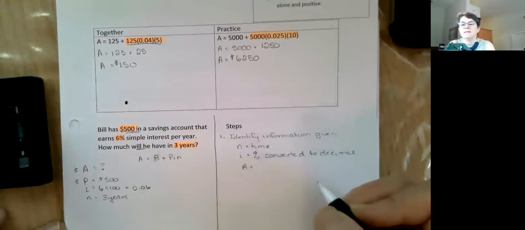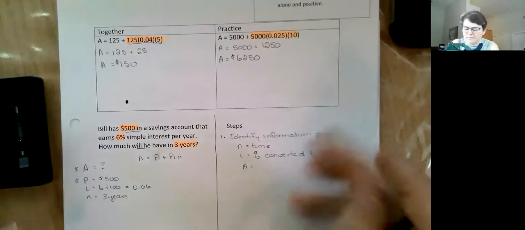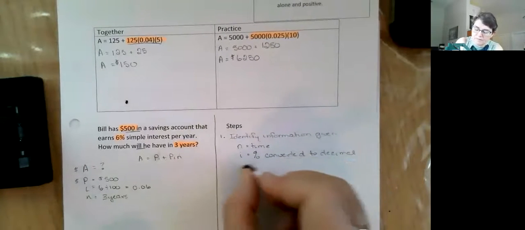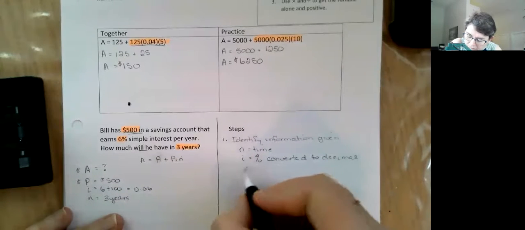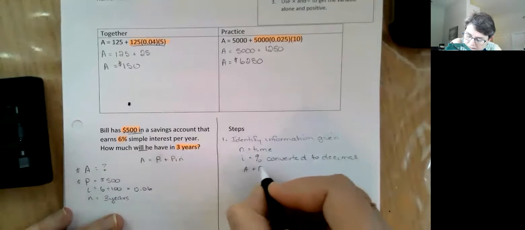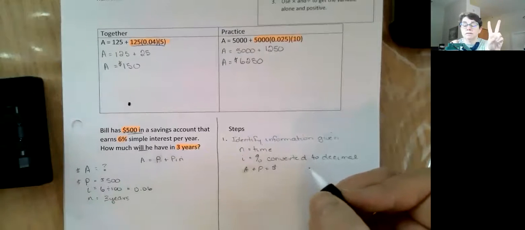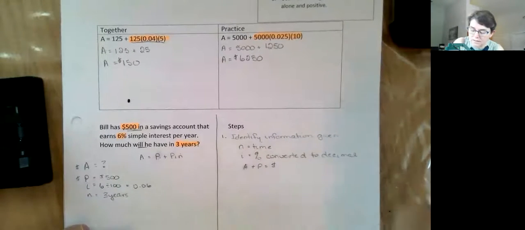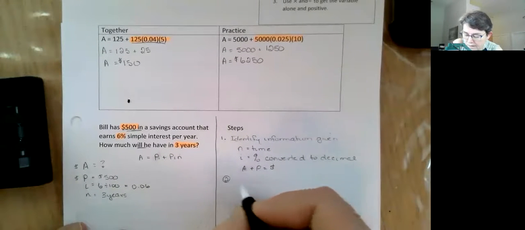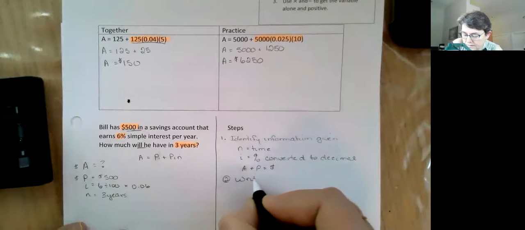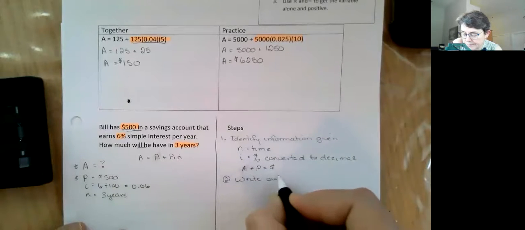A is the amount at the end, and P is the principal. A and P are both money. So step number 2, I already have my formula. I guess that should have been step 1, write out the formula, or 2, either one.